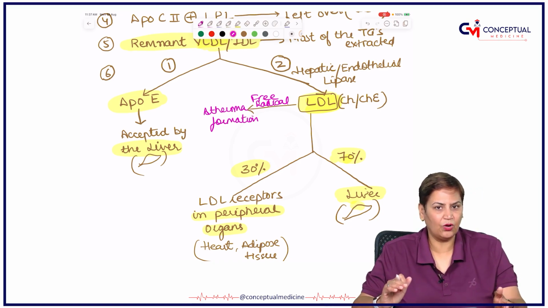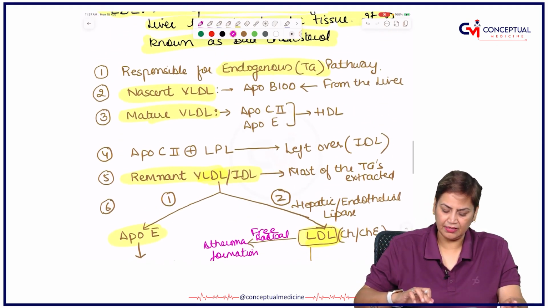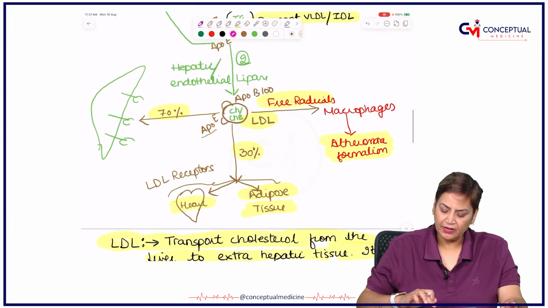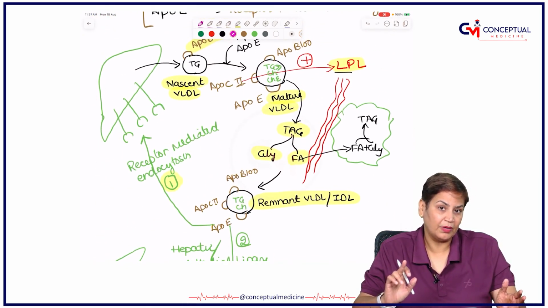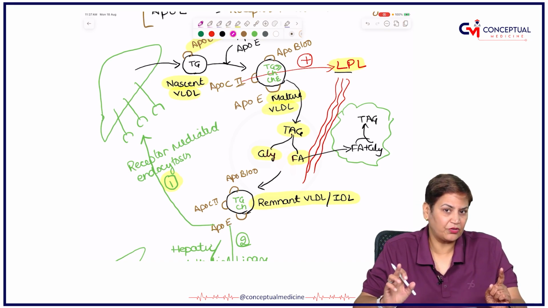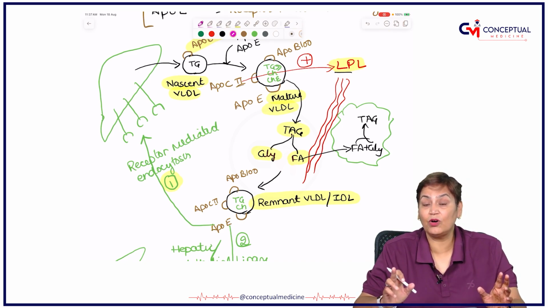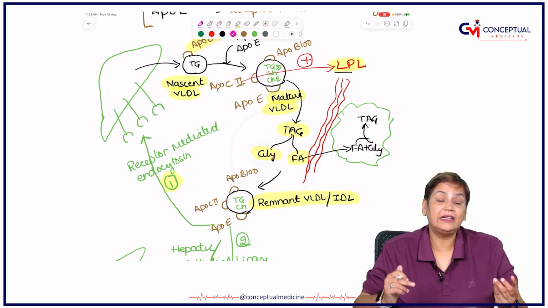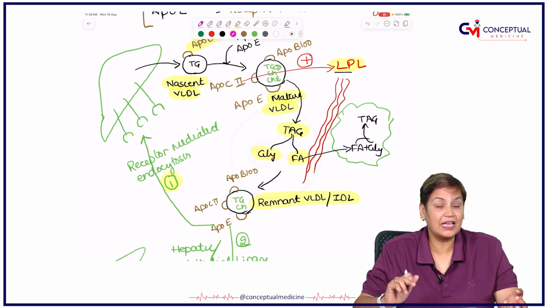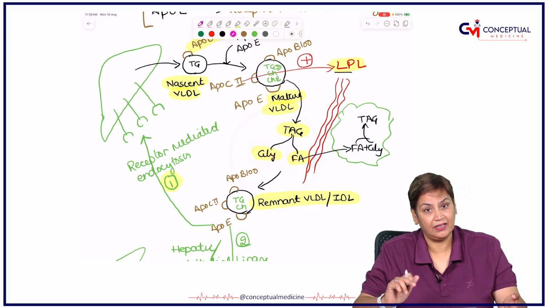So this is how we explain the metabolism of VLDL, which is totally different from the metabolism of chylomicrons. In chylomicrons, the main thing you had to remember was that they are responsible for the exogenous pathway. What is the exogenous pathway? It means the dietary TGs, the triglycerides which we take in the diet.